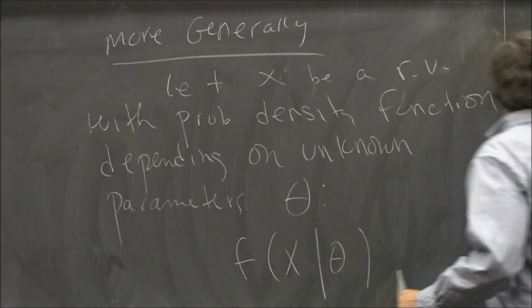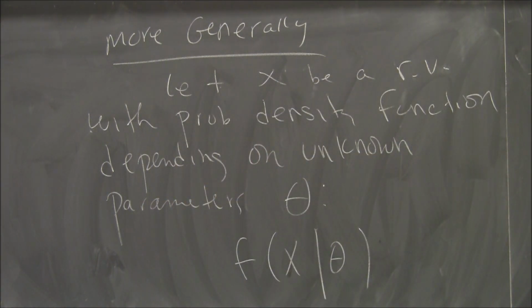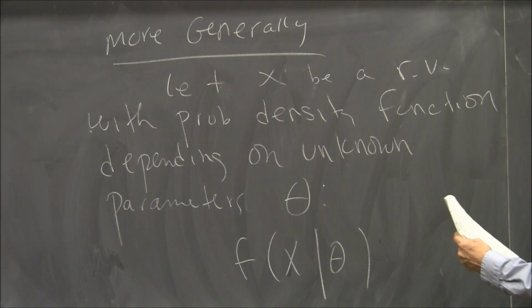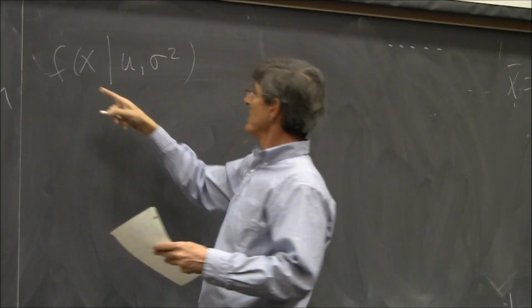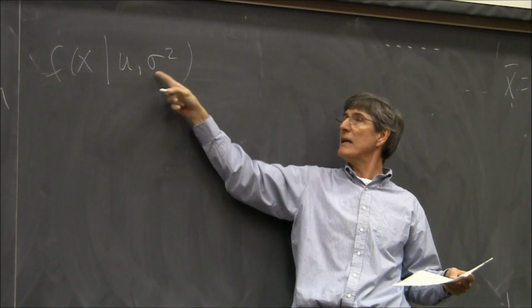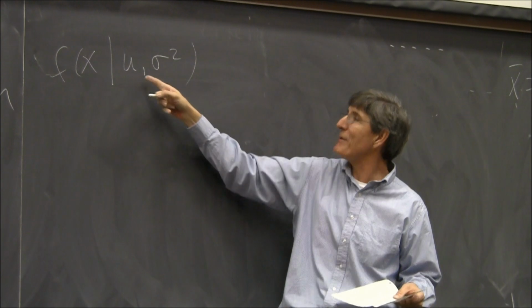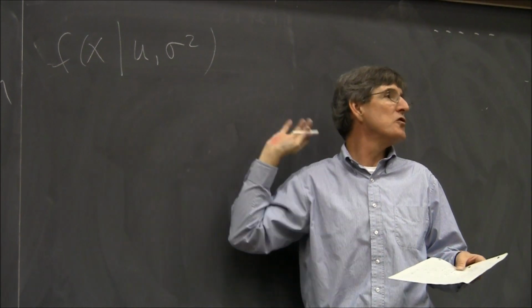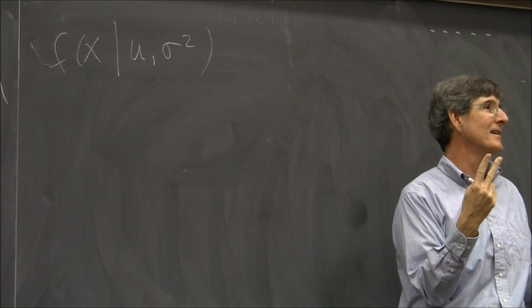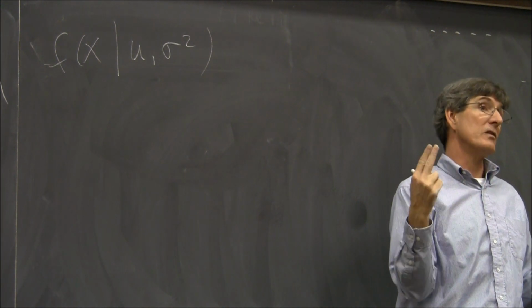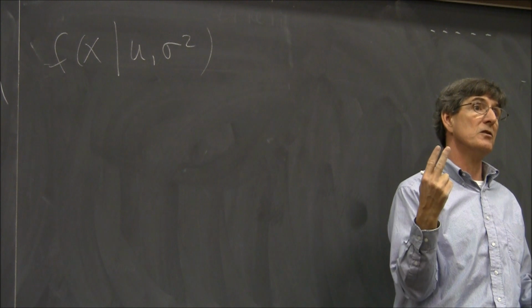So what does that mean? Let me give you an example. You've seen this, a normal distribution. This is just a normal, f of x given the mean and the variance. Those are the parameters we're talking about. The normal distribution is totally characterized by two parameters, the mean and the variance. All the moments of the normal distribution are characterized by just those two parameters.